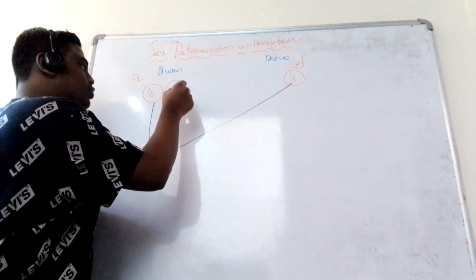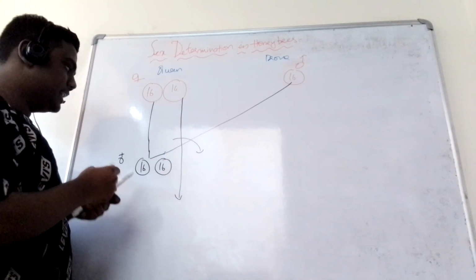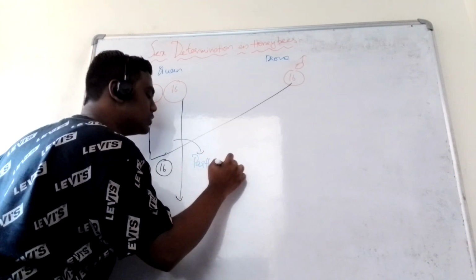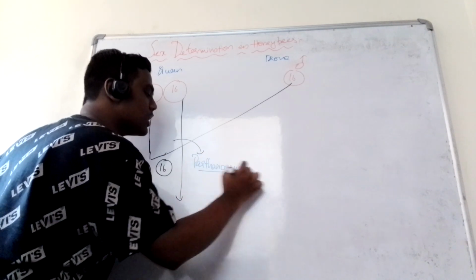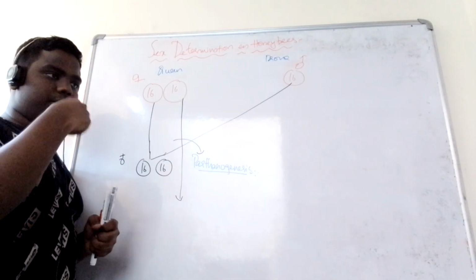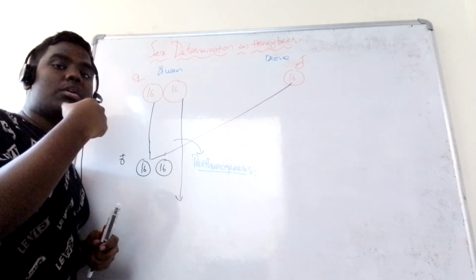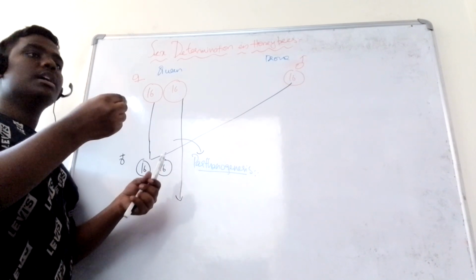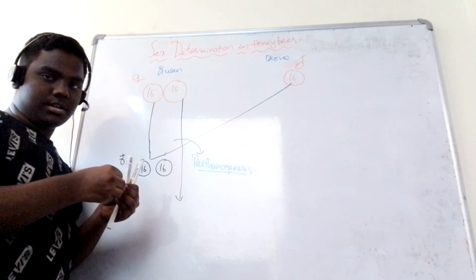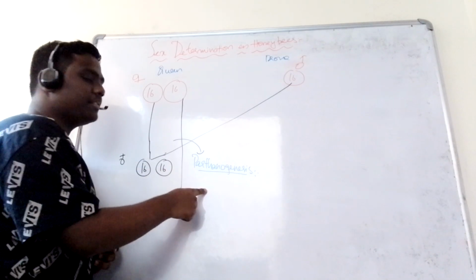Another egg will undergo a process called parthenogenesis, which means formation of progeny without fertilization. We see parthenocarpic fruit or seed formed without fertilization, where the male and female gametes do not fuse together.